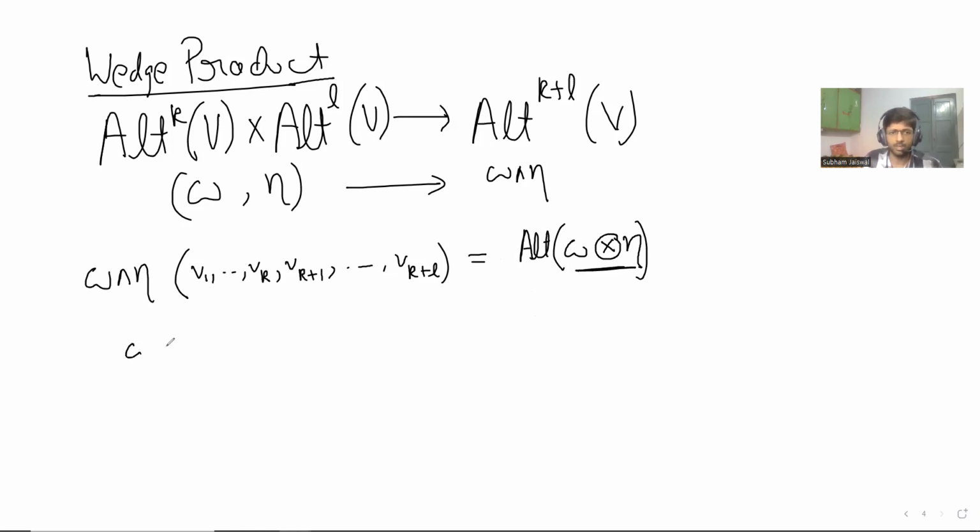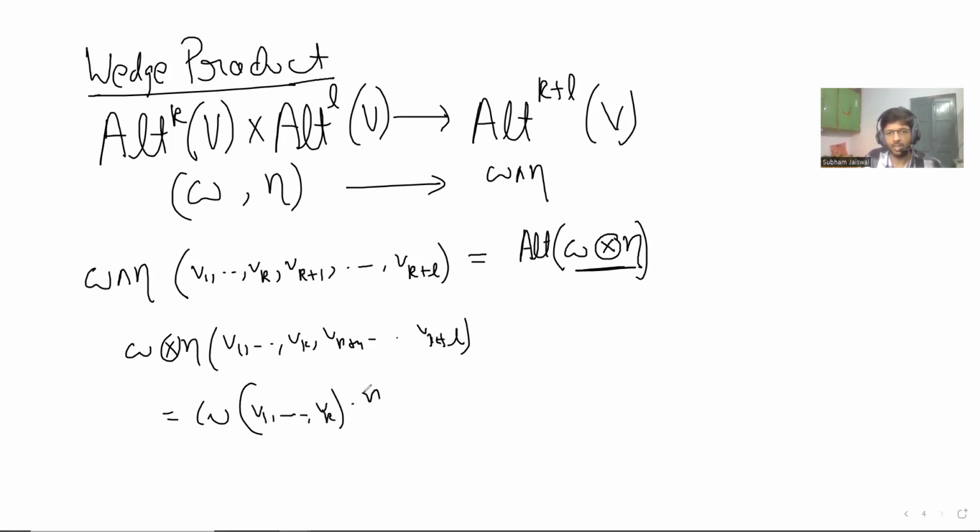So this is basically like omega will take the first k things, okay, naturally, and eta will take the last ones, right? This is how it should be.